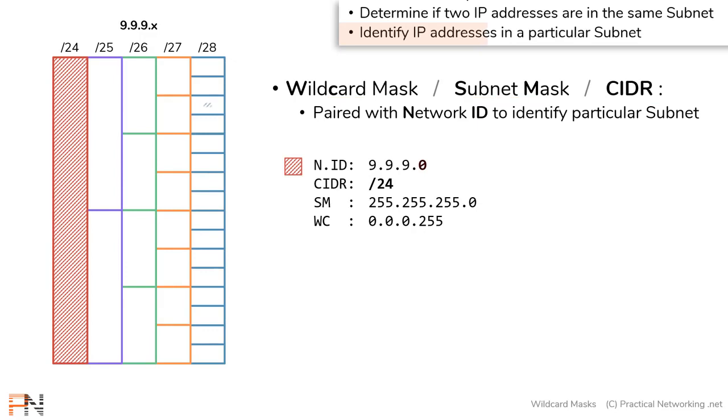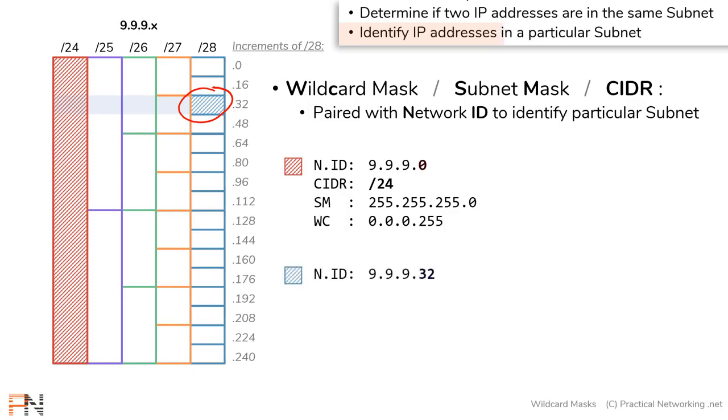For example, if I wanted to refer to this block of /28 addresses, I would simply pair the network ID of 9.9.9.32 with either the CIDR of /28 or the subnet mask of 255.255.255.240 or the correlating wildcard mask of 0.0.0.15. This network ID with either of these things is going to refer to this particular chunk of 32 IP addresses.